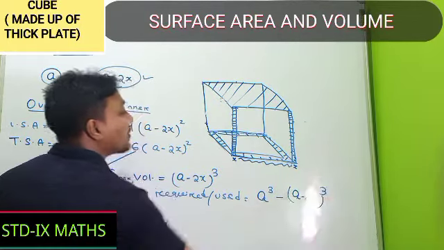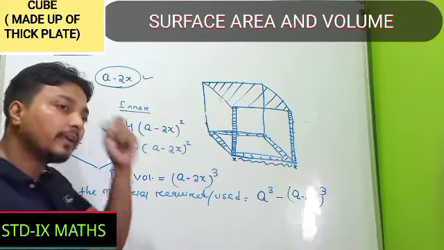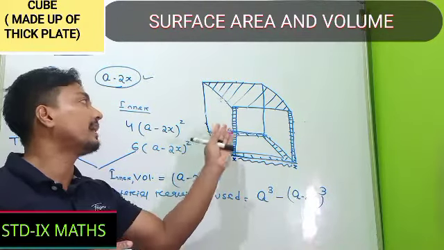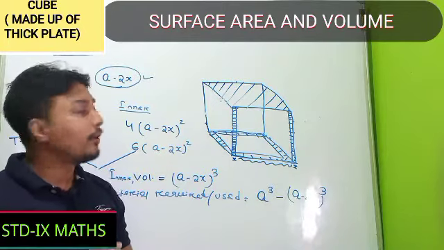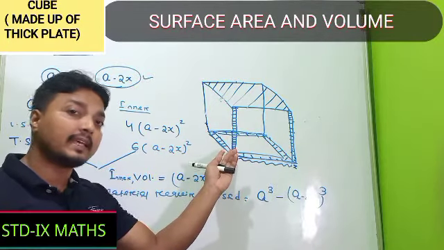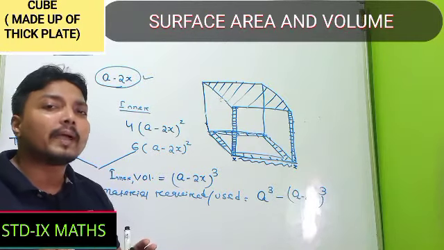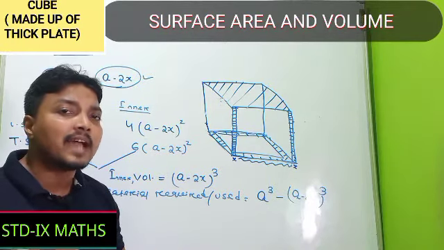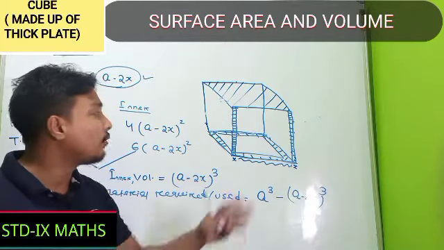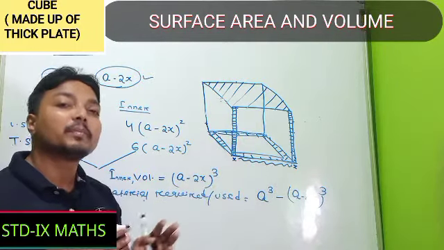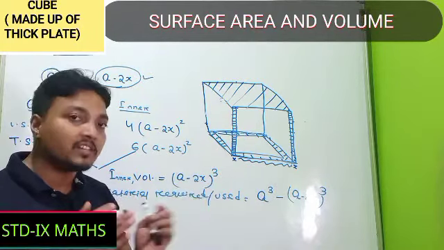So remember the formula carefully. Whenever you are asked to make a structure just like this, where the thickness is given, suppose it is asked to find the volume of the gold, iron or silver required to make the structure, the formula will be outer volume minus inner volume.